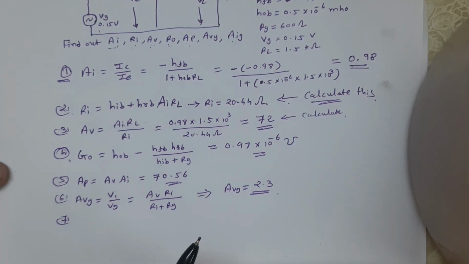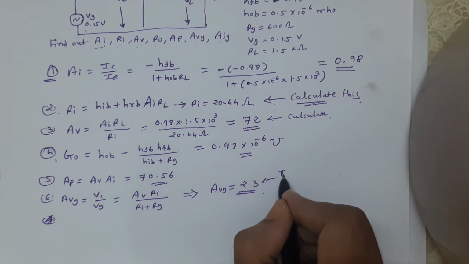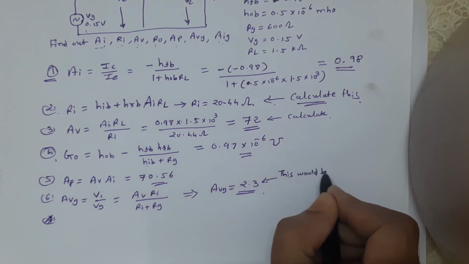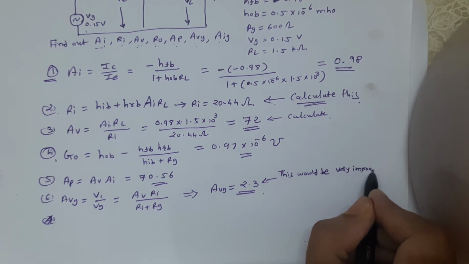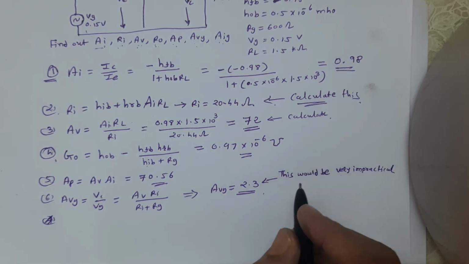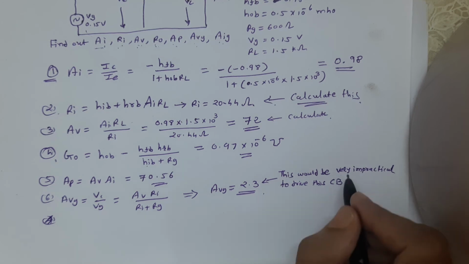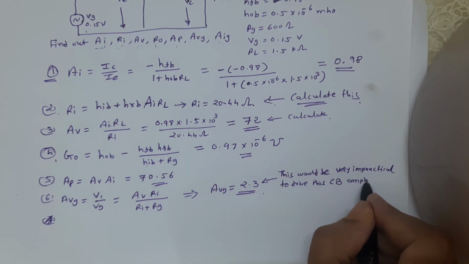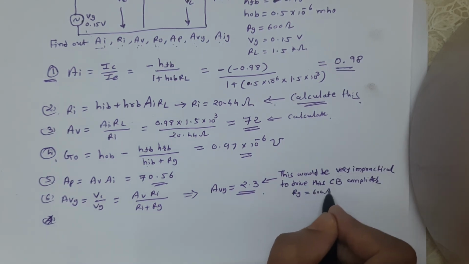This would be very impractical, to drive this common base amplifier from a source of Rg equal to 600 ohm.